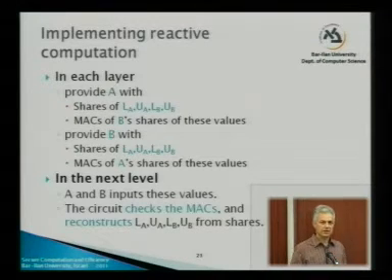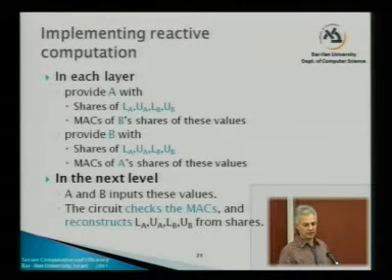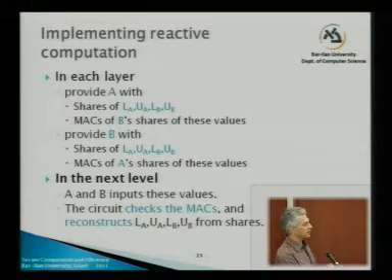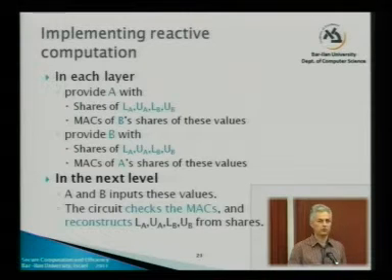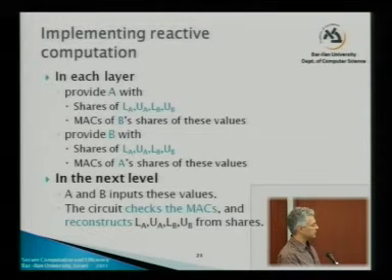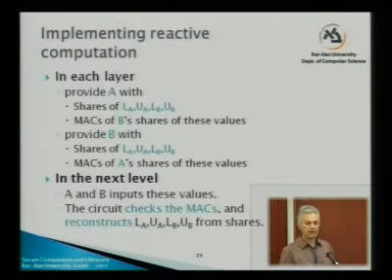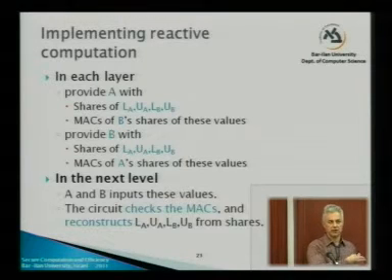changing the bounds. So what we also do, we give A, in addition to the shares, MACs, message authentication codes, of the shares that we gave to B. And we give B MACs of the shares that we gave to A. So then what happens in the next level of the circuit, A and B input, in addition to their updated medians, their shares of the bounds.